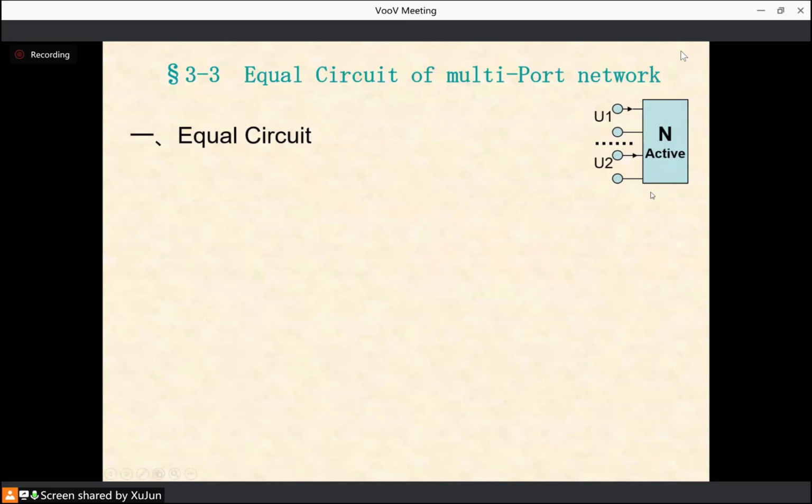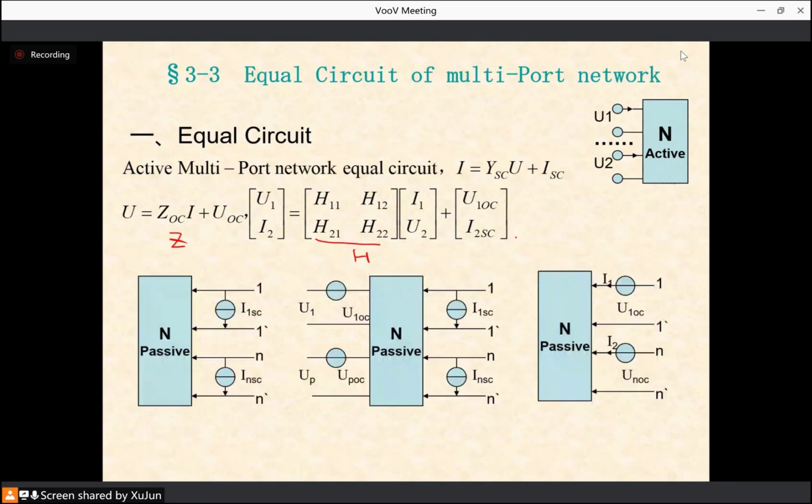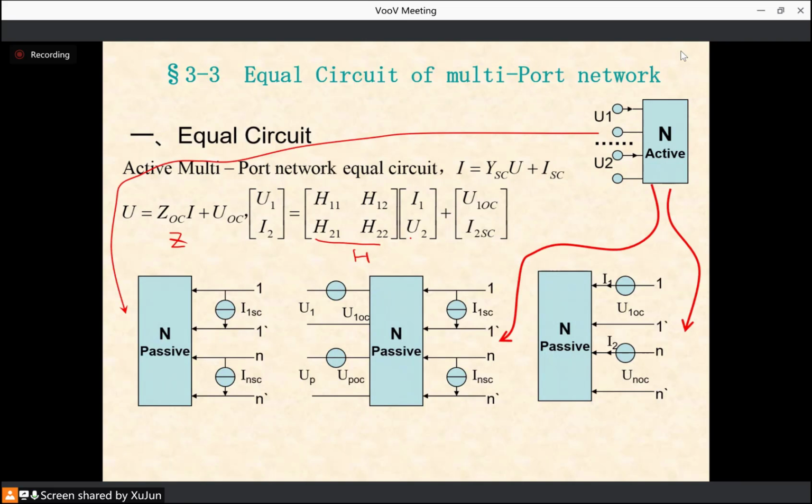For this active multi-port network equivalent circuit, if we use I to express U, this is the Z parameter. If we use U to express I, this is the Y parameter.